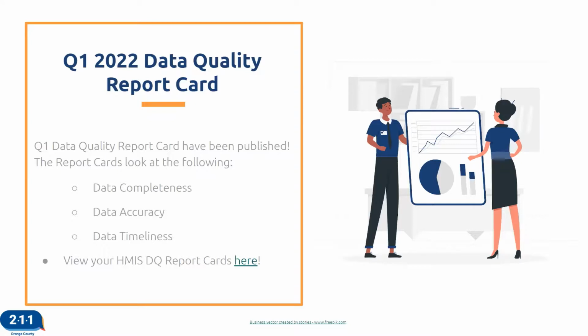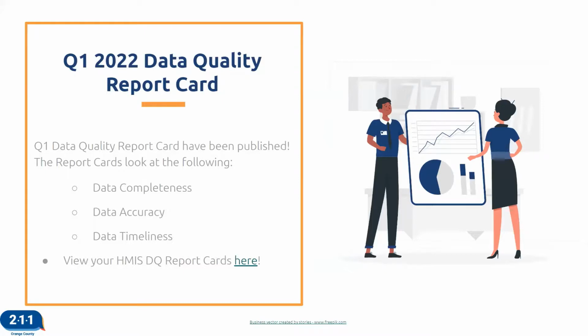Data accuracy refers to the degree to which the data entered into HMIS is represented as real information on the client that is being served in the system. And then last but not least, we have data timeliness. This refers to the degree in which the data is collected in HMIS and it is available when needed.